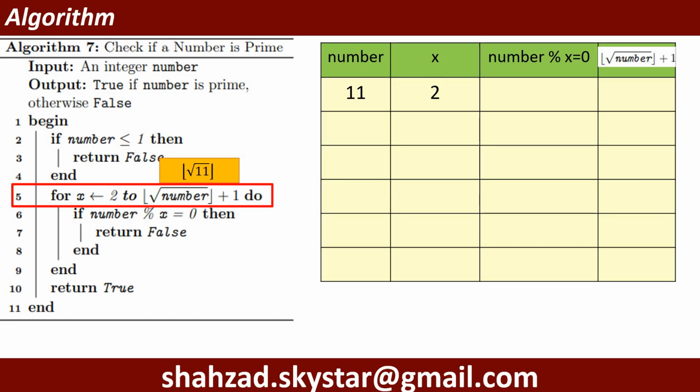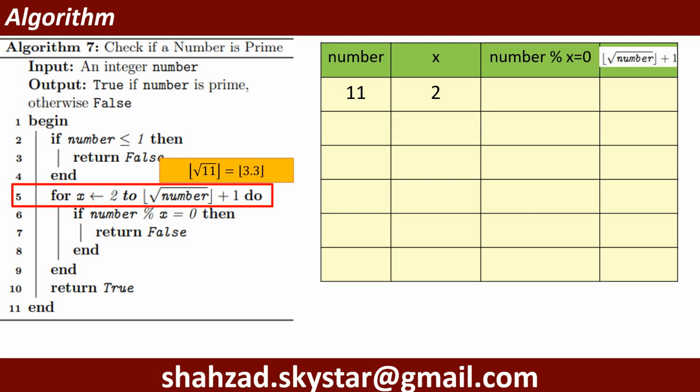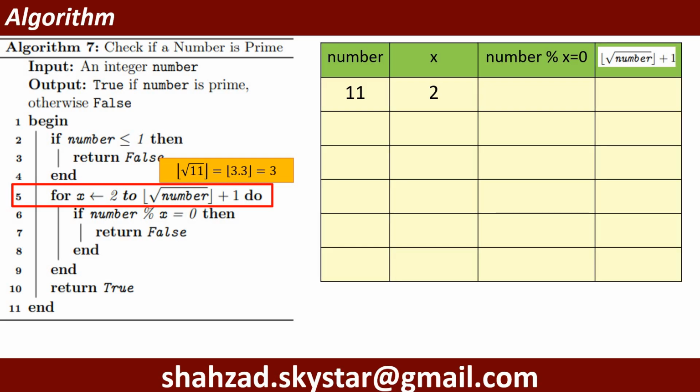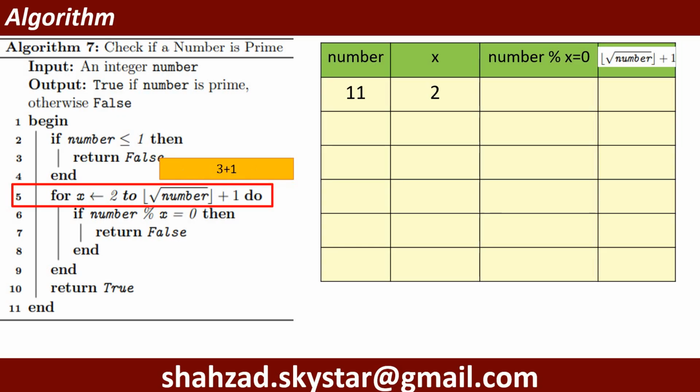We will take the square root of 11, then we will get the floor value. The square root of 11 is 3.3. Then floor will give 3. Then plus 1, it will move to 4. Okay, it means x will move from 2 to 4 maximum.